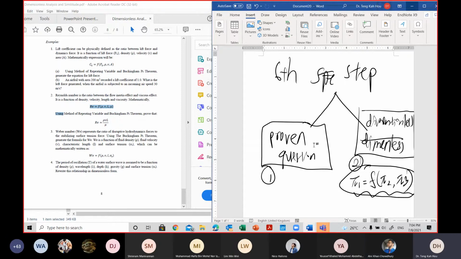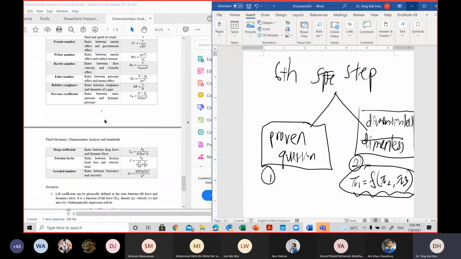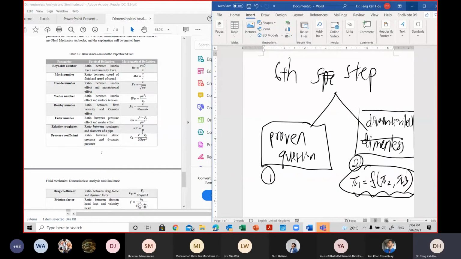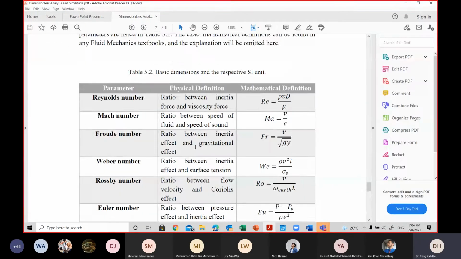So if a dimensionless question just asks you to put everything in a relation or whatever, you can write whatever pi you find in a relationship with pi 2 or pi 3, because you don't know what exact form. This is what I try to mean. But if it's a proven question, generally they will give you the final format, just like this.